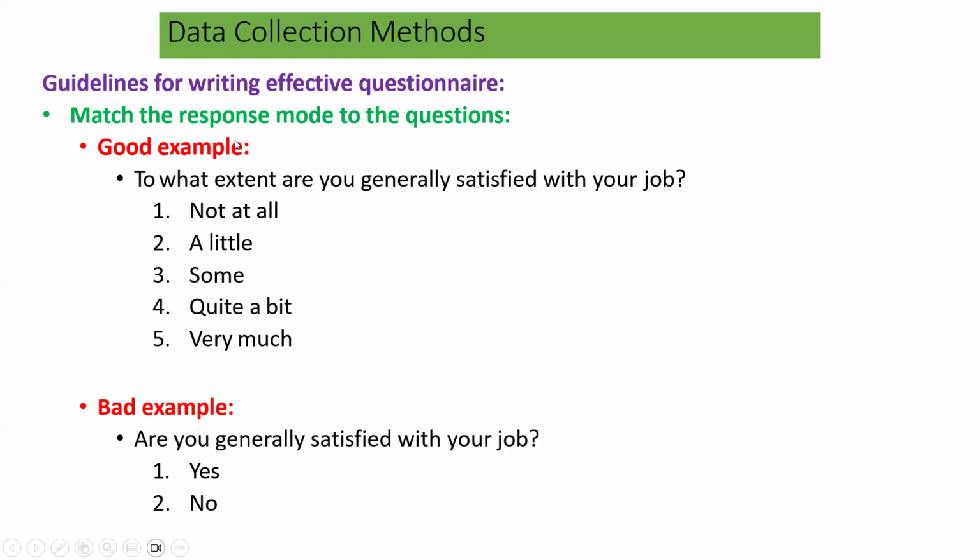Because the question asks to what extent do you agree with something, right? Likewise, you are supposed to match the response based on the type or mode of the question. With a simple yes or no question, the answer must be like this. If you want to measure a certain degree of a content, you can use this type of answer tags.